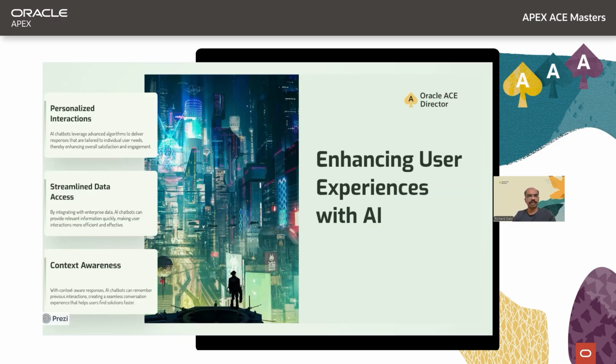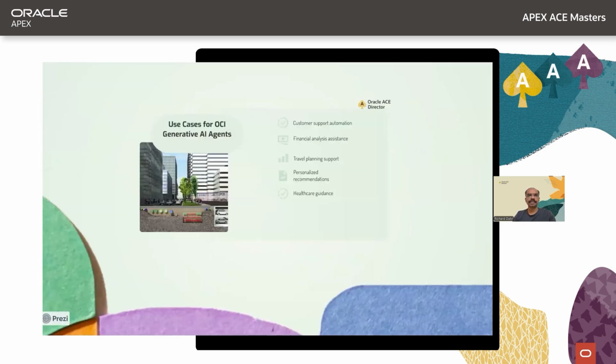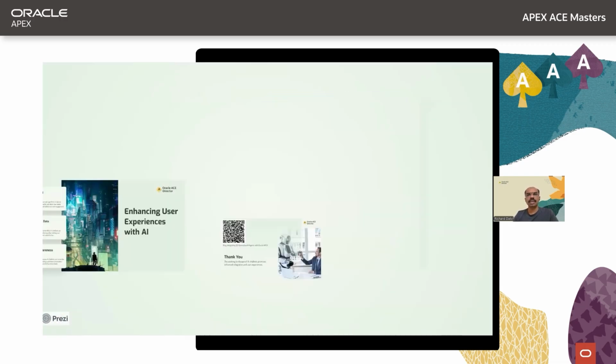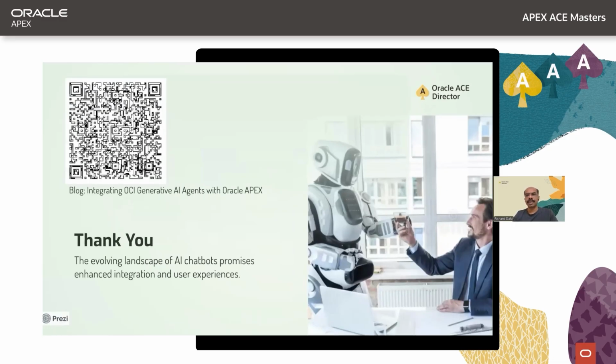And most importantly, it is context awareness. We have built many different AI solutions and given them to our customers. These are some of the use cases, like customer support mainly, and financial assistance, travel planning, and also healthcare. All these things we can build as intelligent chatbots, right?